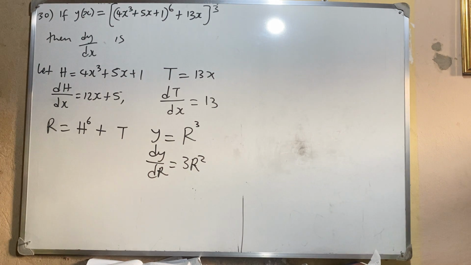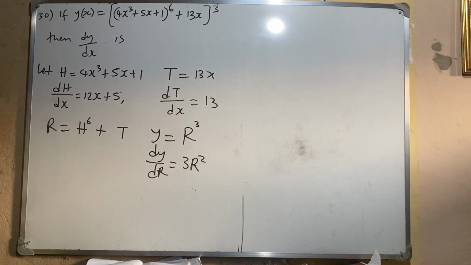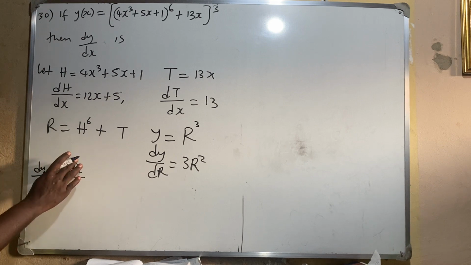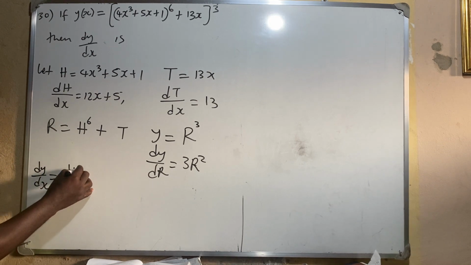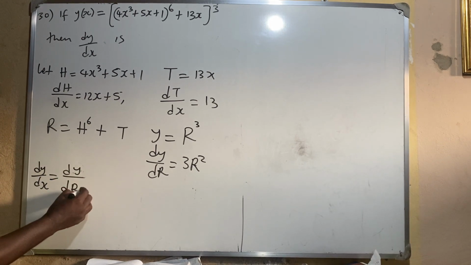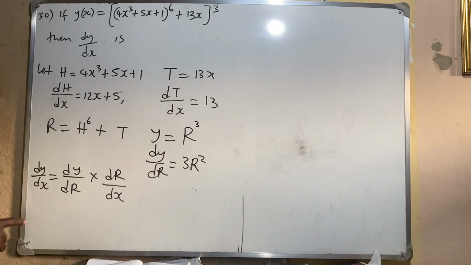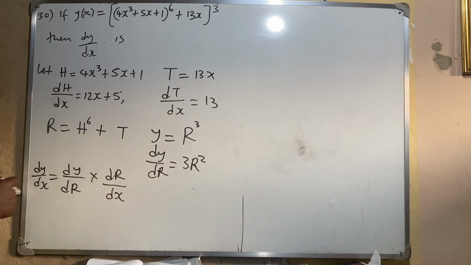So we will now have that our dy dx is simply dy dr times dr dx. If the dr cancels the dr, I'm getting back my dy dx. So I have gotten this. The only problem now is to get your dr dx.